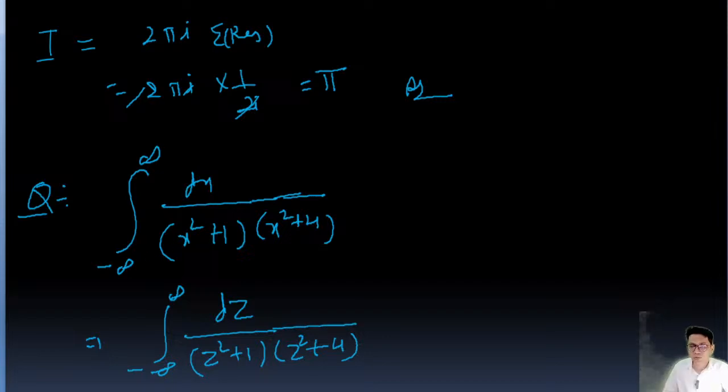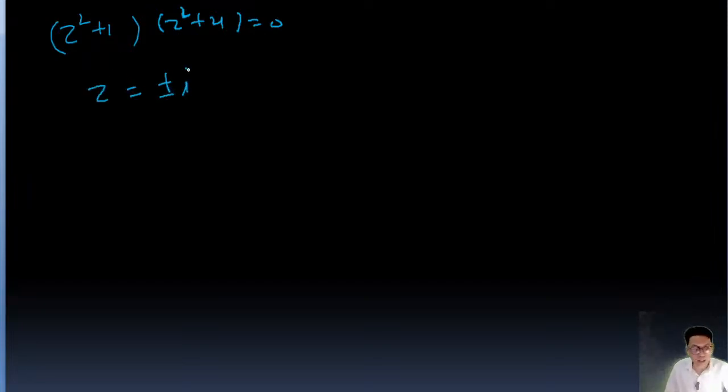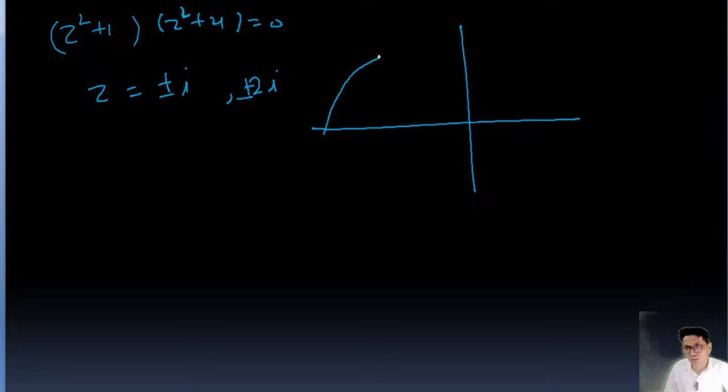For poles, the denominator will be equal to 0, so z square plus 1 equal to 0 and z square plus 4 equal to 0. So the value of z is going to be plus minus iota and plus minus 2 iota. So we'll make a semicircle which goes from minus infinity to plus infinity.